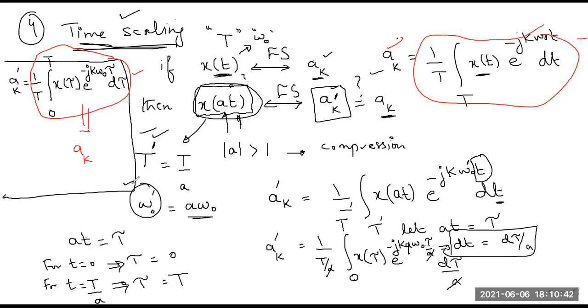Why it will change? Because signal time period has changed, because signal fundamental frequency has changed. So Fourier coefficients remain unchanged, but Fourier series representation will change. That is an important point that you can get from this whole discussion.